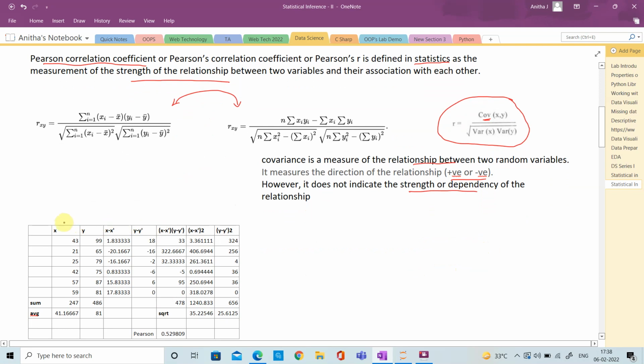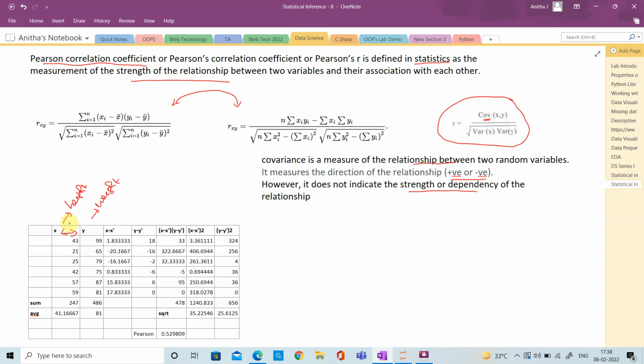Here I have two variables, which may represent height and weight, for example. I want to identify how the variables x and y are related to each other. To find the relationship, or the correlation coefficient, we use the Pearson's correlation coefficient formula.